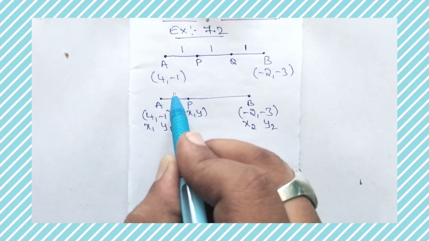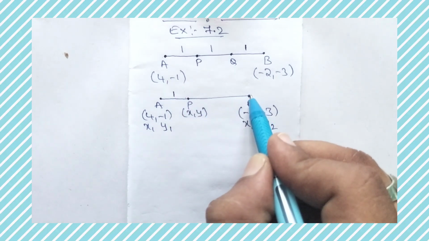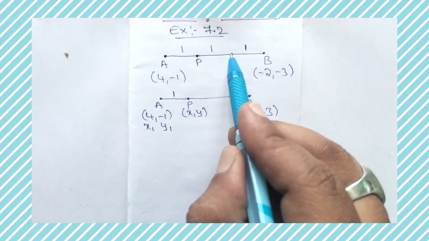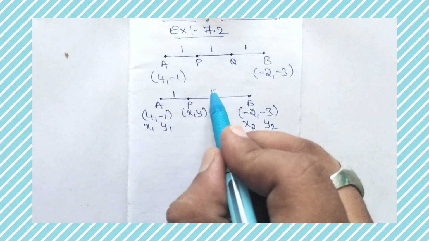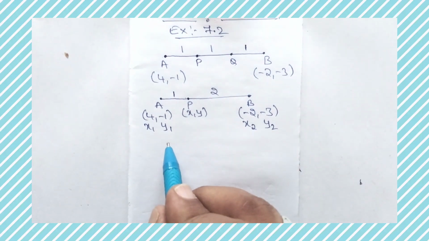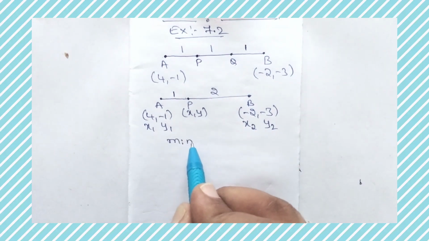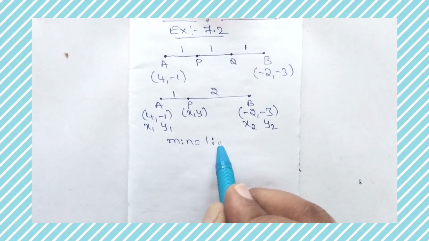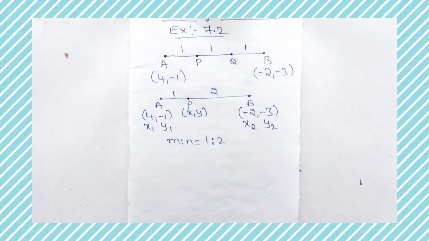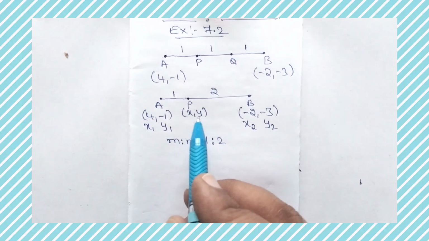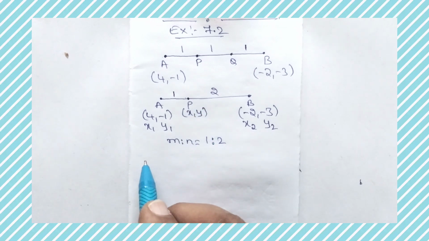From A to P it is 1, from P to B, from here to here it is 1, again from here to here it is 1, so it is 2. Therefore m is to n is equal to 1 is to 2. So x1 y1, x2 y2, m, n, everything we know. Now let us use the section formula to find out the coordinates of P.